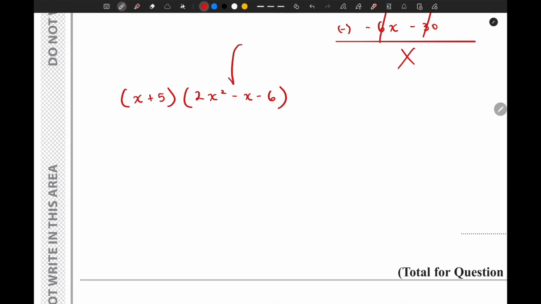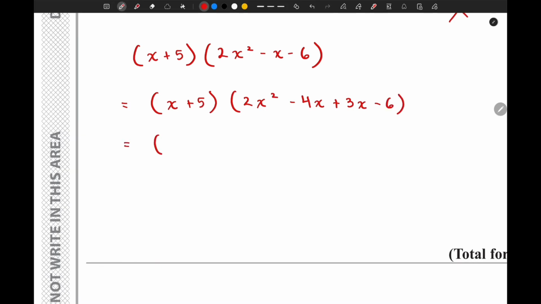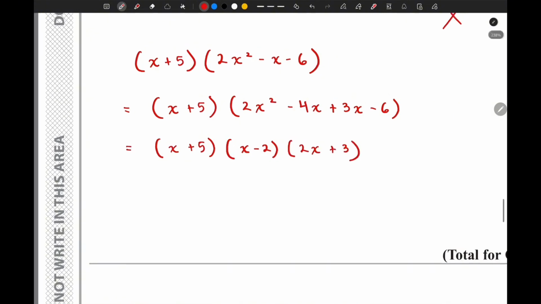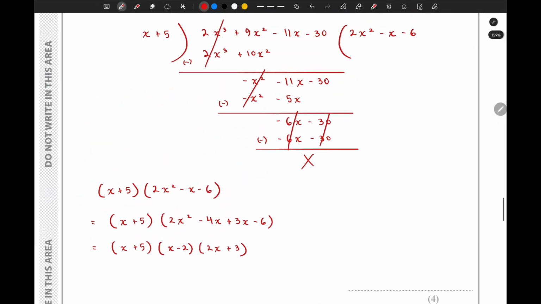Using the middle term method, we will get 2x squared minus 4x plus 3x minus 6. So finally, we will get x minus 2 times 2x plus 3. So this is the final answer. You cannot factorize this further.